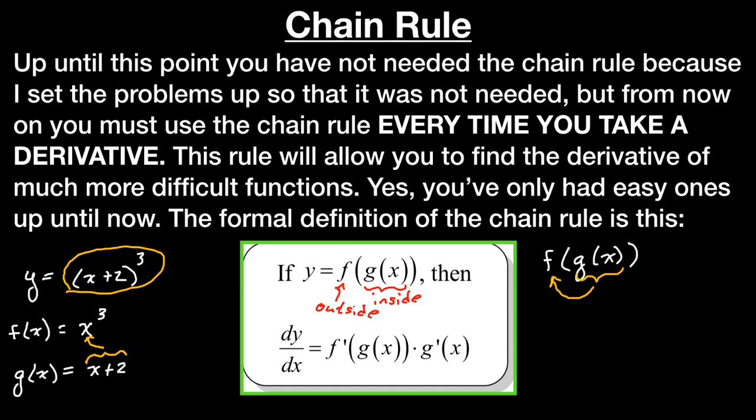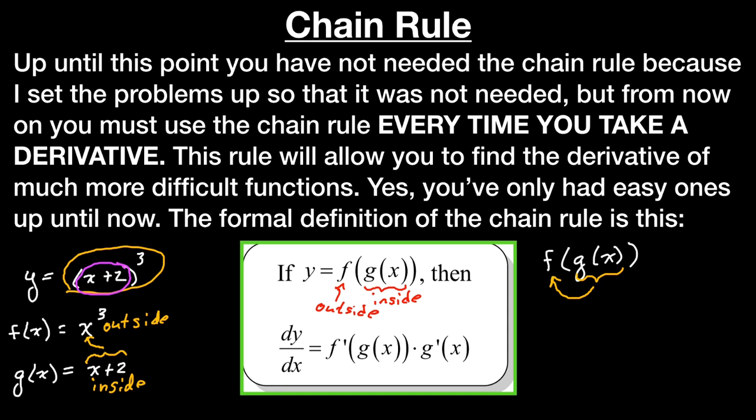All right, so let's think of this then. We have the inside part, which is this, and you have the outside part, which is the x cubed. So if we think about our composition of functions here, this is our inside and the cube is our outside.